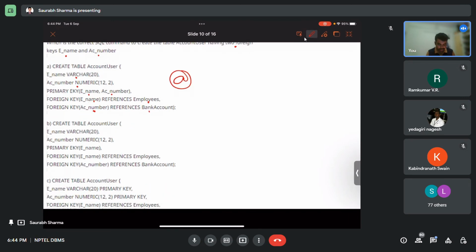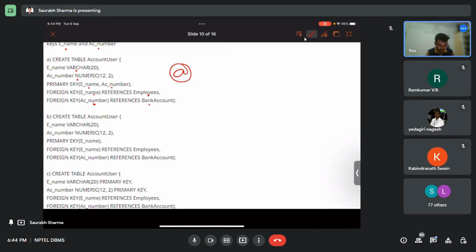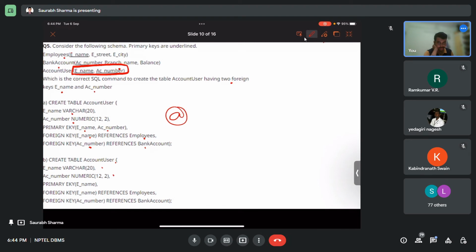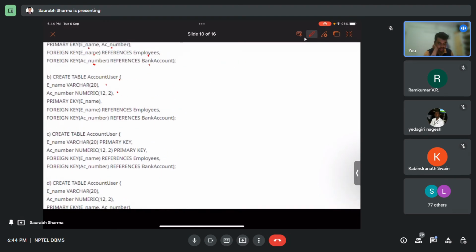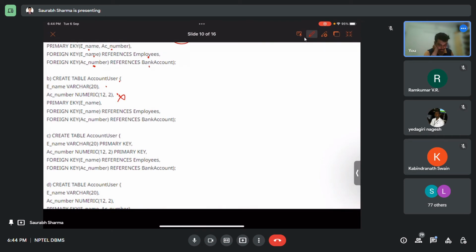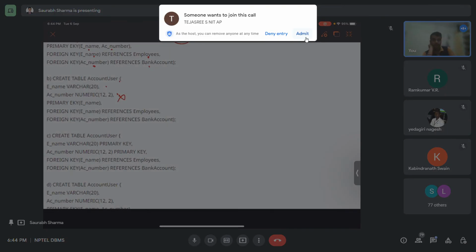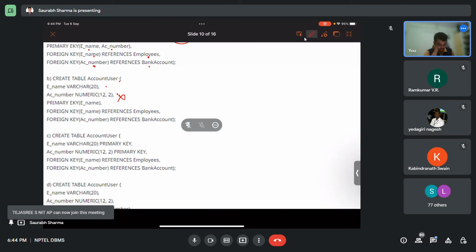Now coming to the next one: create table account user, then there is the declaration, then there are constraints. In constraints, the primary key is written as ename only, but here we have to take both as the primary key. So this integrity constraint will be wrong. In C, it is creating both primary keys at once.